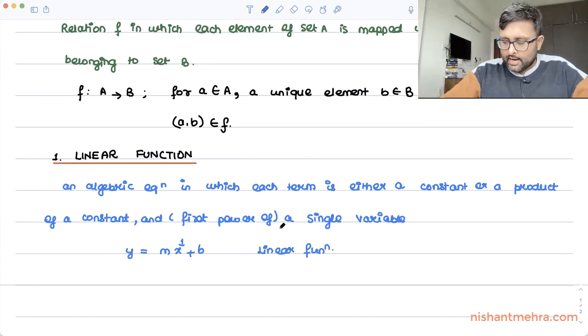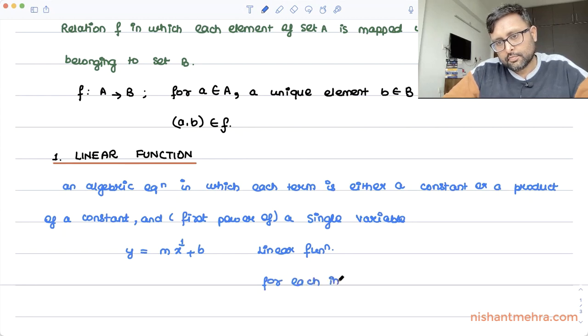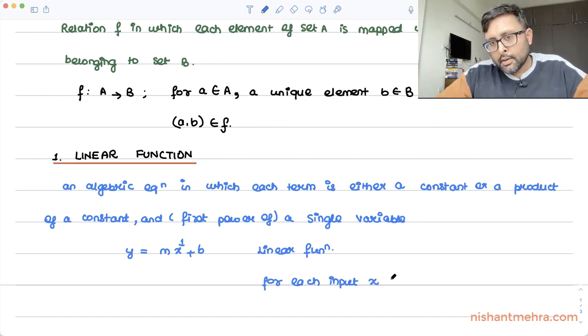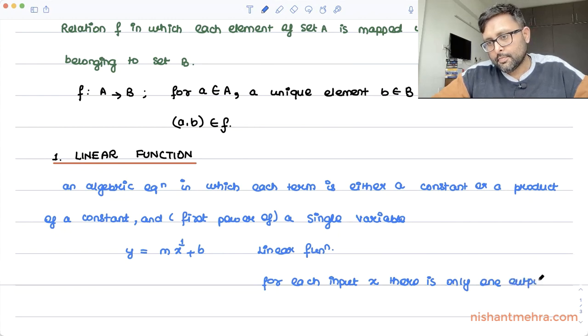And for each input x, there is only one output y.